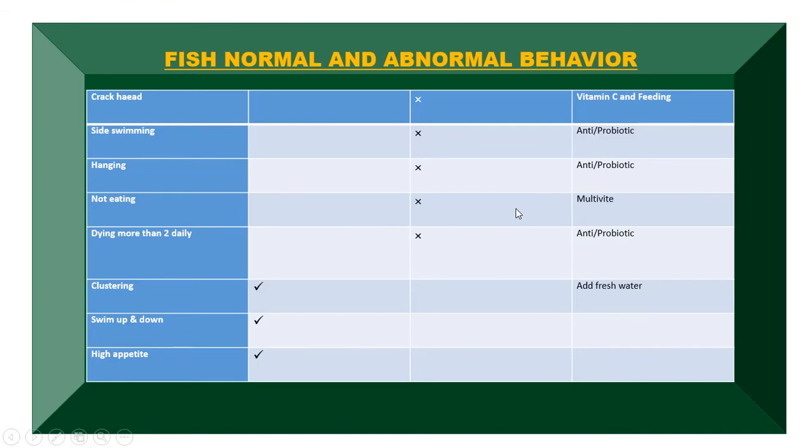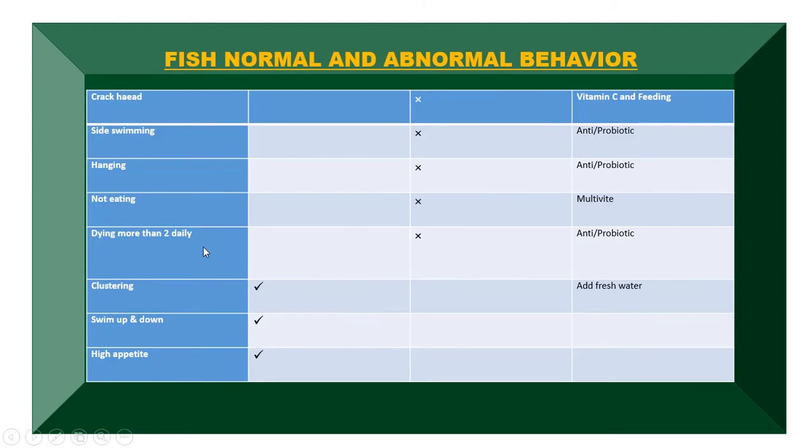Or if they're not eating at all, you can bring down the water to 90% and add the multivite directly to the pond where they are, and then make sure the water is fresh water. You add the medication for them. You're going to add at least 1 sachet to 500 liters of water, depending on the kind of medication you got.